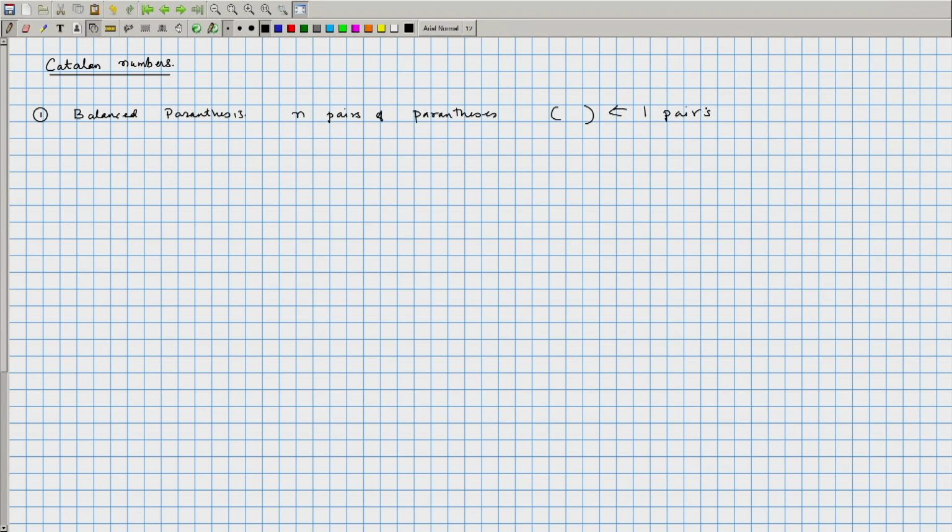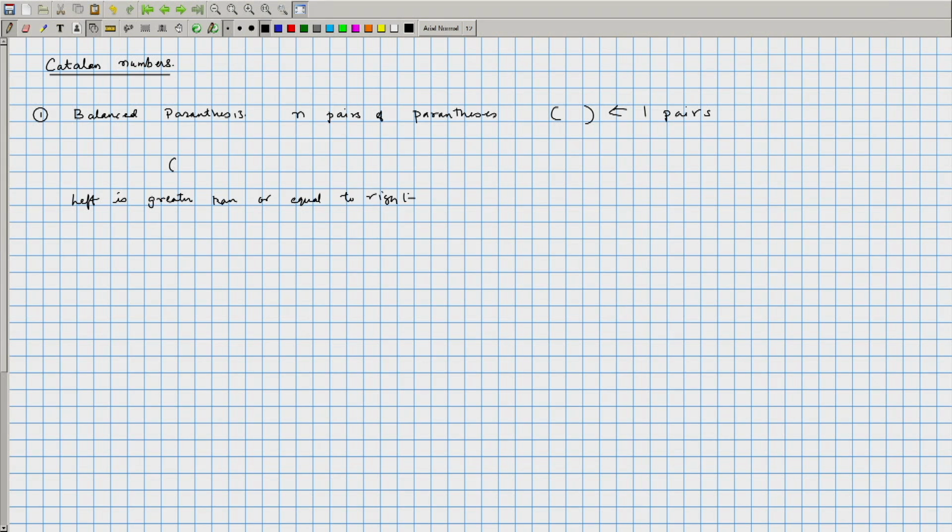That means that should come out of parenthesizing some expression. In particular, all it means is every right parenthesis should come only after a left parenthesis, and the total number of left parentheses should always be greater than or equal to the number of right parentheses. Okay. So, left is greater than or equal to right.